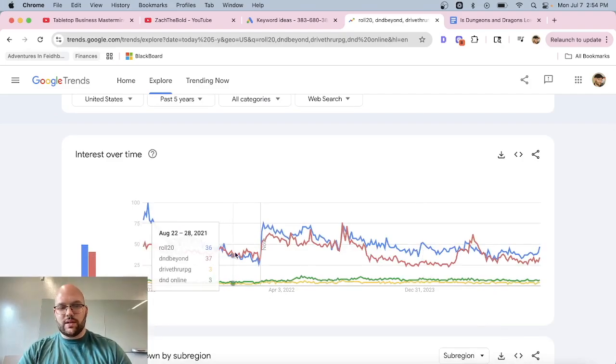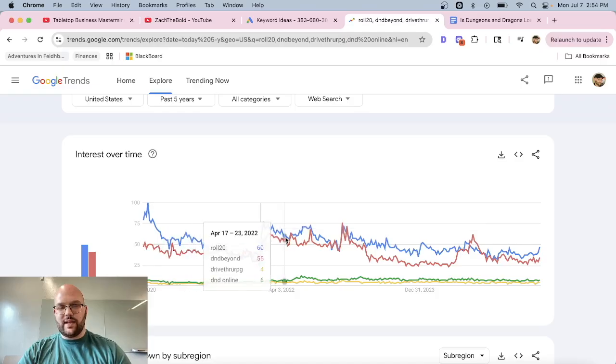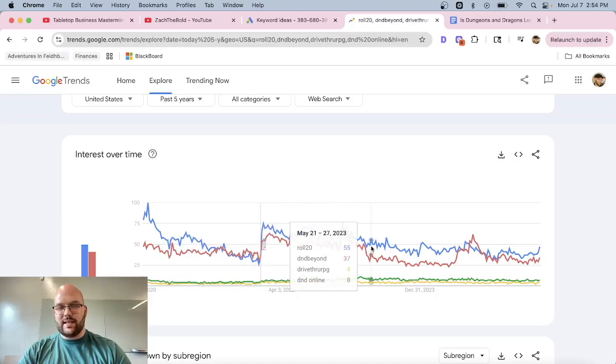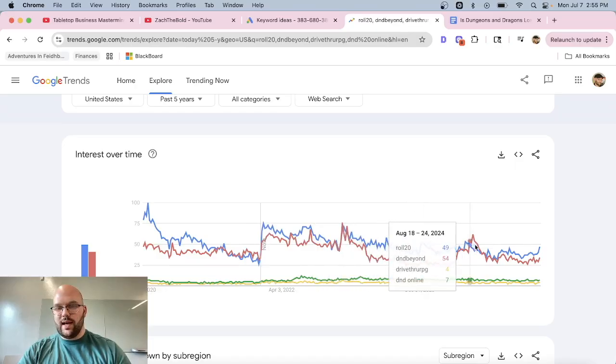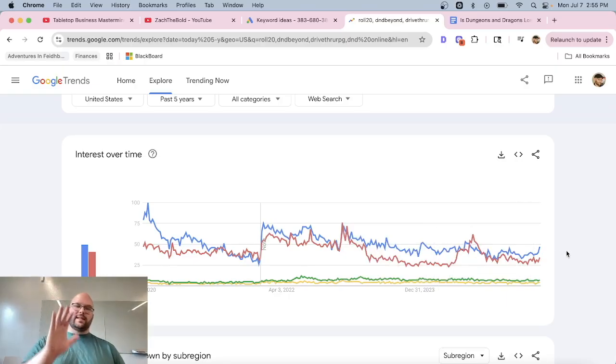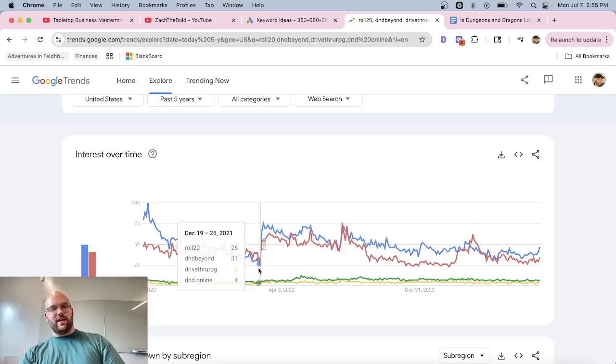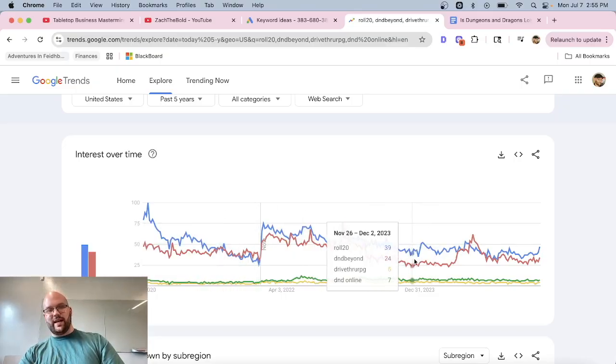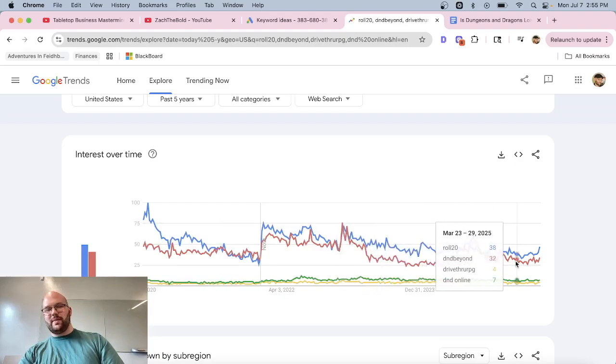But let's go back to what we're looking at here. Are we slowing down? Around 2021, we're at about the 40s, 50s. We move up to the 50s, 60s. We go down in 2023 to the 40s and 20s. And we're kind of steadying out there, slightly up into the 30s, especially for D&D Beyond. So what we can see here is maybe a downward slope, but it seems to be balancing out. D&D Beyond definitely took a hit in 2023, but it seems to be catching up with itself.